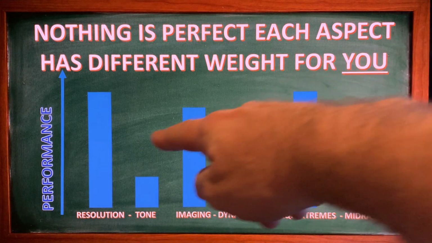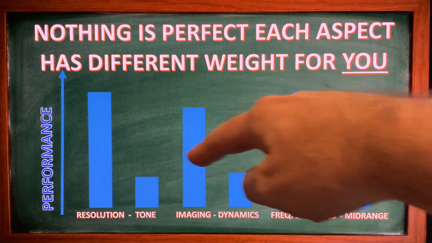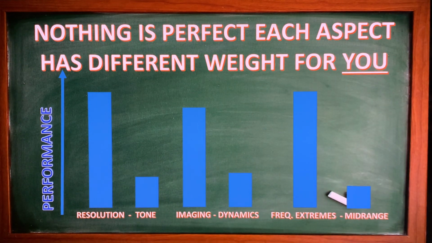For example, there's the resolution and tonality duo. If you increase the resolution of an equipment, then the tonality will suffer at any given price point. And this is something you really have to be aware about.